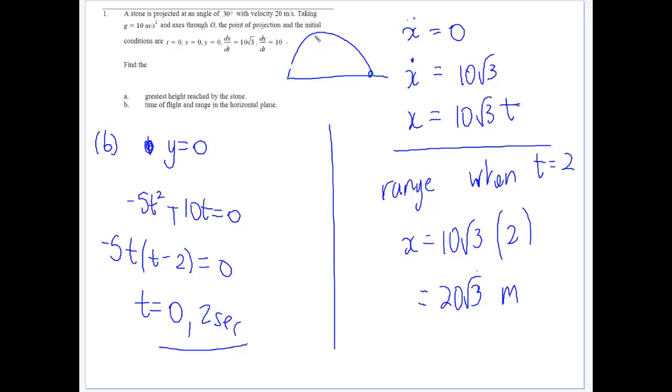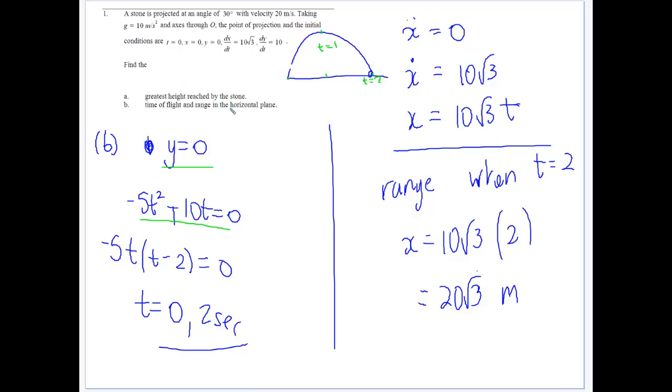So we set up our function equal to 0, and so we get minus 5t times (t minus 2), so 0 and 2, there are our two positions. And that sort of makes sense because if we're looking at a parabola, we know its greatest height occurred when t was equal to 1. So you'd think it would complete its journey when t is equal to 2.